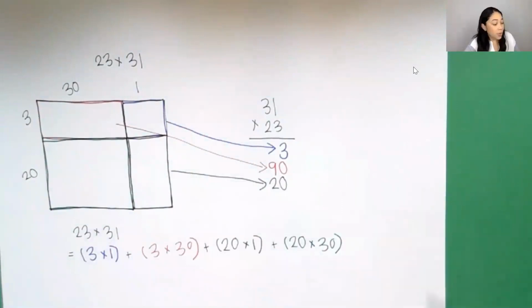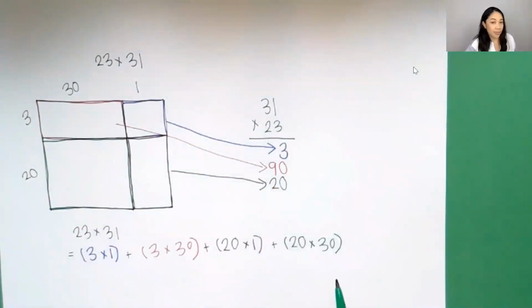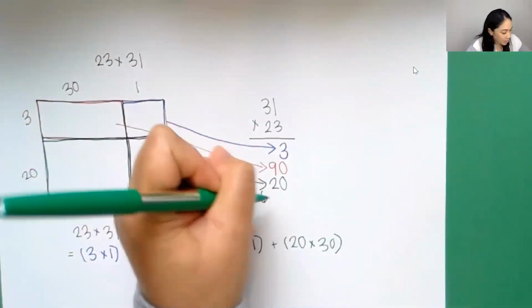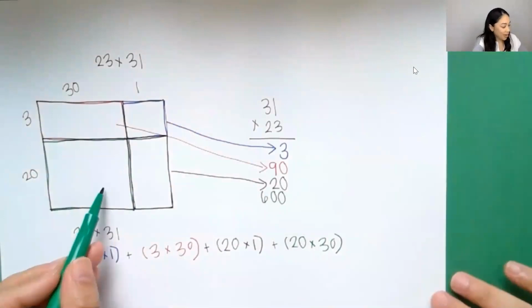What is 2/10 times 3/10? 600. Let's record the partial product. And then again, draw an arrow connecting the rectangle with the corresponding partial product.